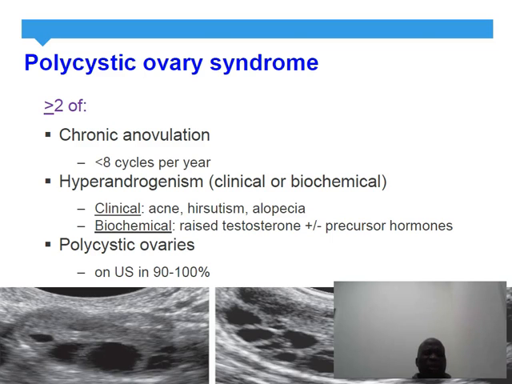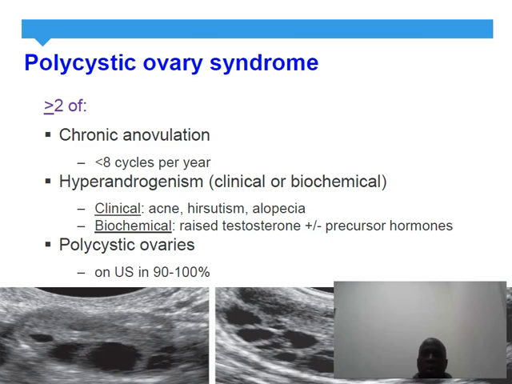This is where an ovary develops multiple cysts in the ovary. And when these cysts develop, it is also characterized by an enlarged ovary with several cysts on the surface of the ovary.